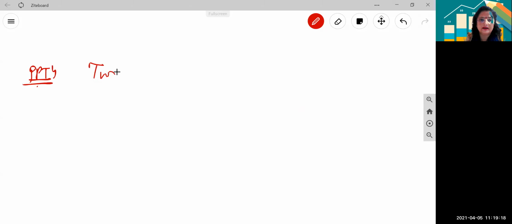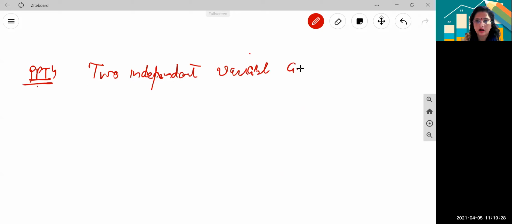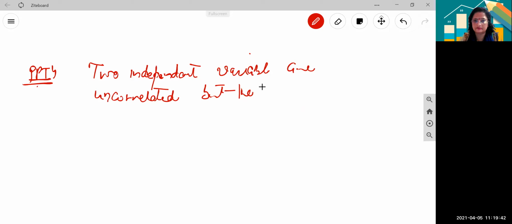Two independent variables are uncorrelated, but the converse may or may not be true.